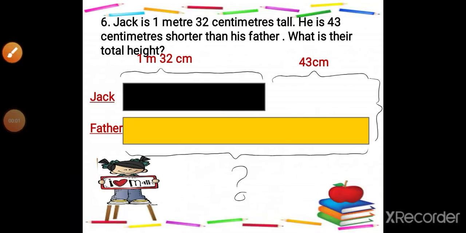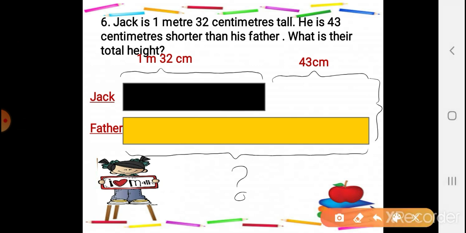Here is a note for you that question number 5 and question number 6 are 2-step word problems. In these questions you have to follow 2 steps. The first step in question number 6 is to add 43 centimeters to 1 meter 32 centimeters, for getting the height of Jack's father.